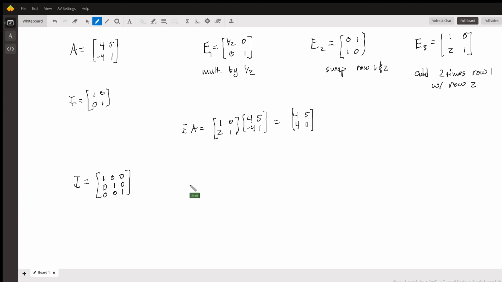If you wanted to add one row to another row, you do that. You just add them together. Or if you wanted to multiply a row by a number and then add it, you multiply it and then add it, replacing the row that you're adding into. And that should be enough to get you to what you need for this problem.